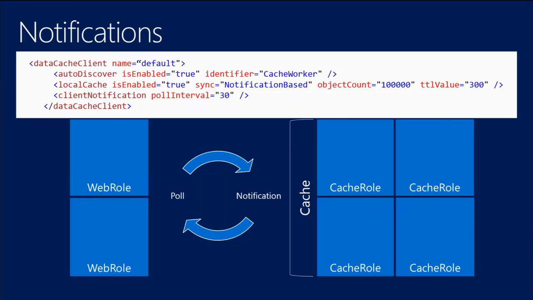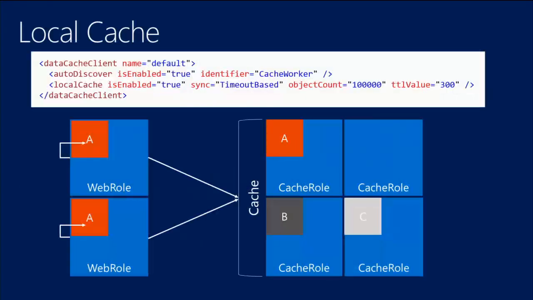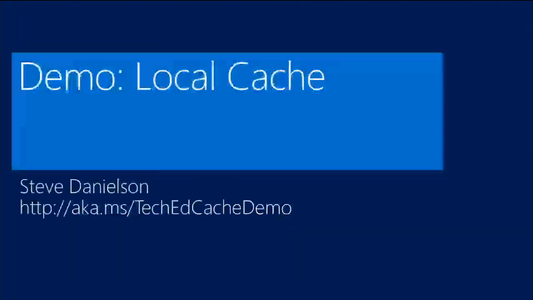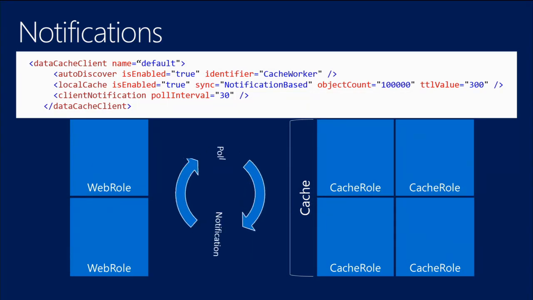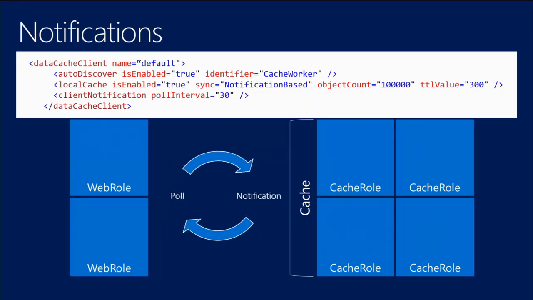I'm going to jump back a couple slides, and we see we've got timeout-based notification for local cache here. And in this example, we've got notification-based. The cache is still the same with a time to live of 5 minutes, but we've got a polling interval of 30 seconds. What that means is every 30 seconds, the local cache will poll to see if the data in the cache has changed.